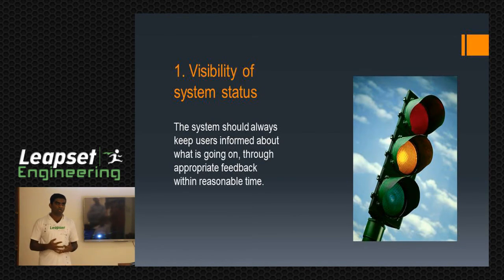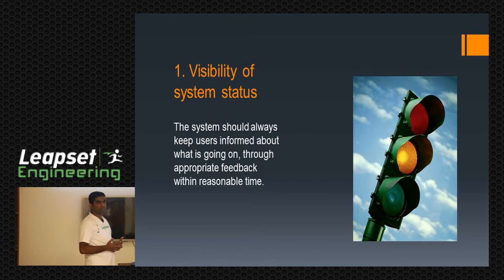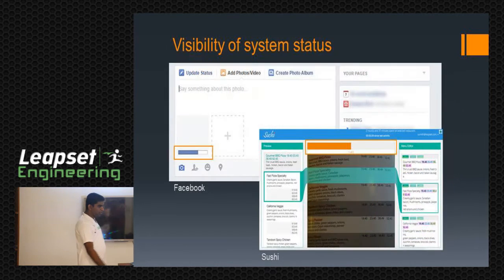As you know, when you perform some activity on your software, sometimes it takes time to process data, and the system should inform the users what's happening, what's going on. That's simply what it is.